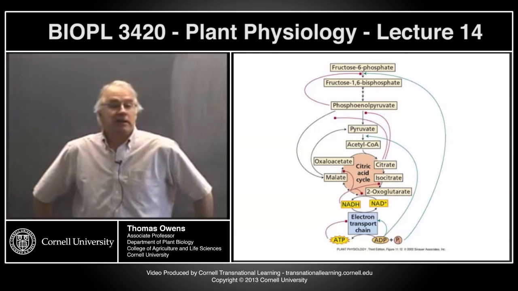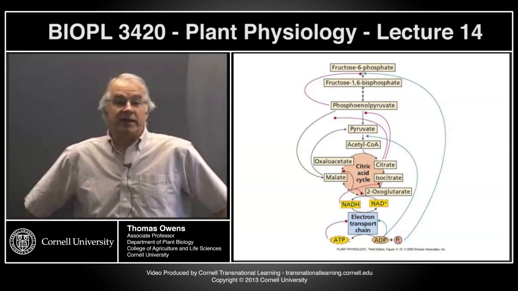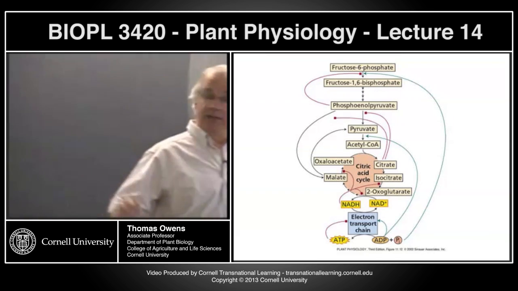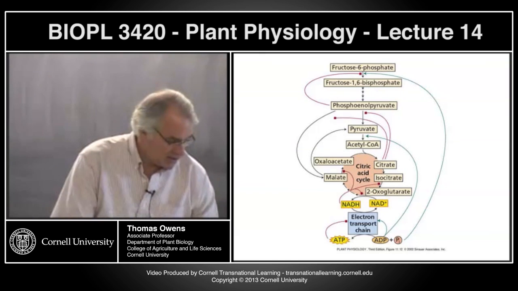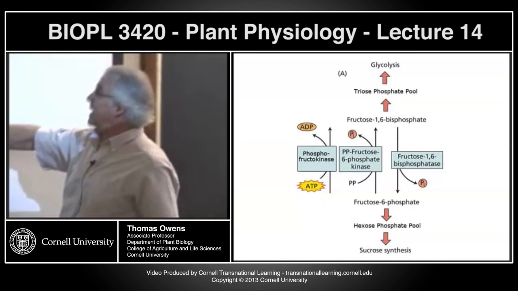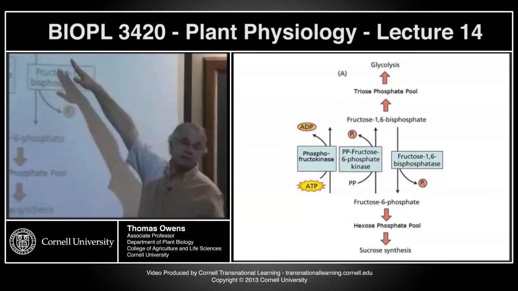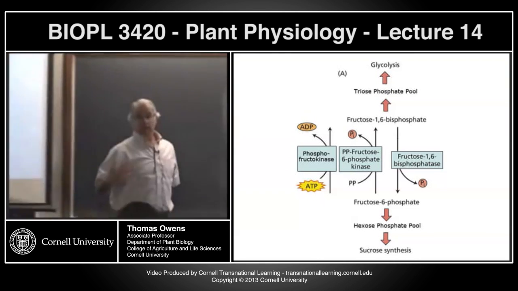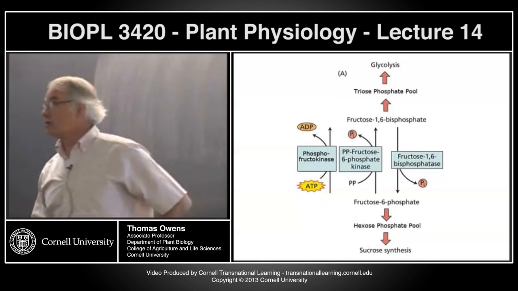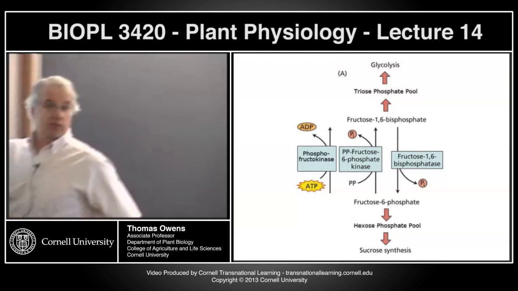Okay. So the other aspect of regulation of respiration that we talked about that is unique to plants has to do with this region between hexose phosphates and triose phosphates. Because in non-photosynthetic tissues or in non-photosynthetic organisms, there's no sucrose synthesis.